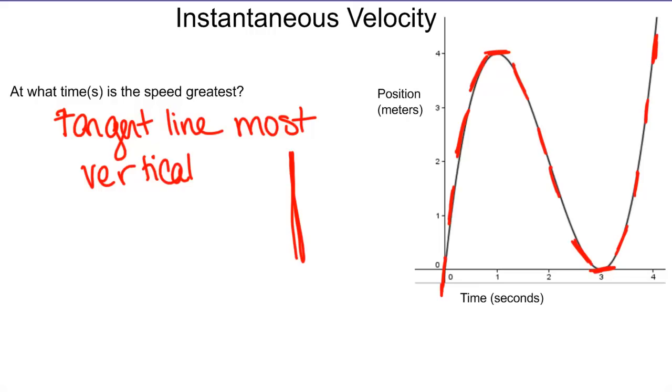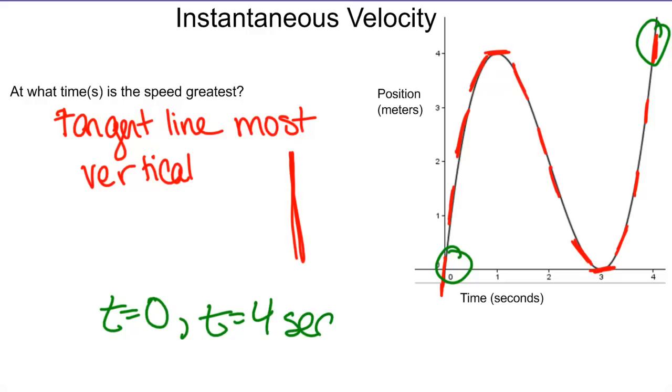Where do we look most vertical? Well, it looks like our lines look most straight up and down at the beginning and towards the end of our position. So it looks like our speed is going to be the greatest at time equals 0 and time equals 4 seconds.